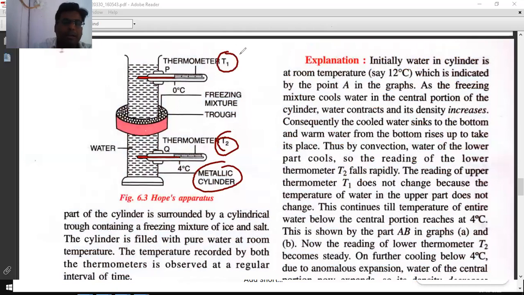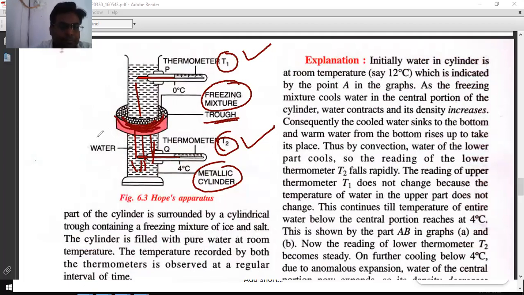The top one measures the temperature T1 and the bottom one measures the temperature T2, right? It is filled with water. So in this cylinder water is filled, and this is the trough, containing a freezing mixture that will freeze the water, right? So this is the main setup.